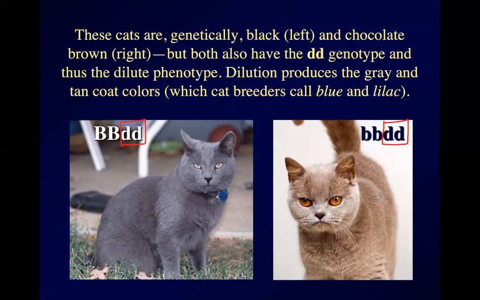A good friend of mine has some beautiful Russian blue cats. What they are is black cats, but they've also got two copies of this dilute allele. So they're black cats with the color lightened a notch. So the effect is that they look kind of a steel gray. And that happens a lot. There is lots of epistasis in this world.